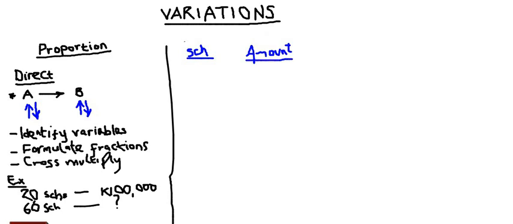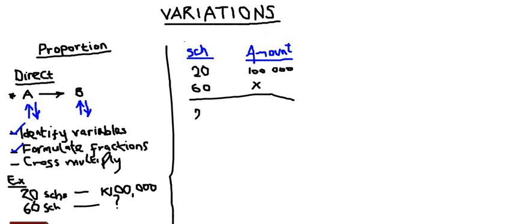Now the initial condition is that for 20 schools we have raised 100,000 kwacha. So we want to know how much we'll raise from 60 schools. So we can put the variable x, y, or whatever other variable is convenient. The next step, after identifying the variables, we formulate the fractions and form an equation.